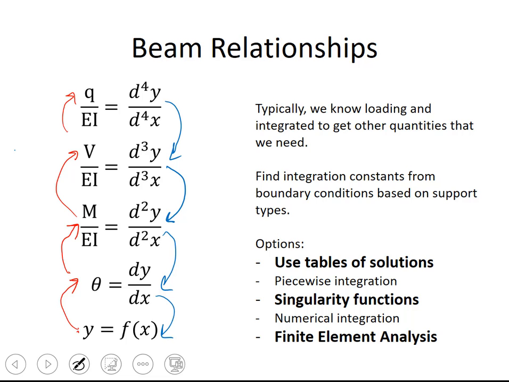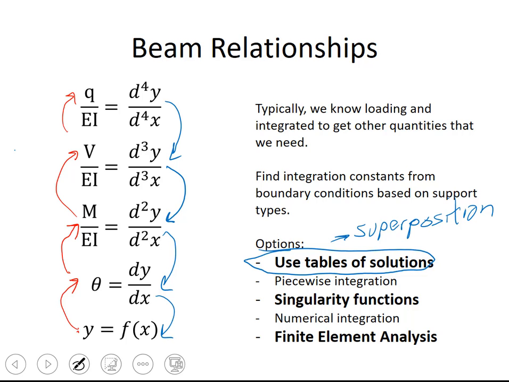Now, there are a lot of ways that you can come up with information and solve for these different relationships. I want to highlight three that we're going to focus on. One is a table of solutions. This is what the text refers to as superposition. In actuality, we use superposition in a variety of these methods, but here we take whole solutions and we add them together. And you could look these up, for example, in the appendix of the textbook.